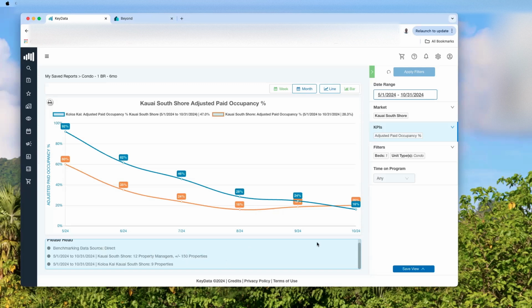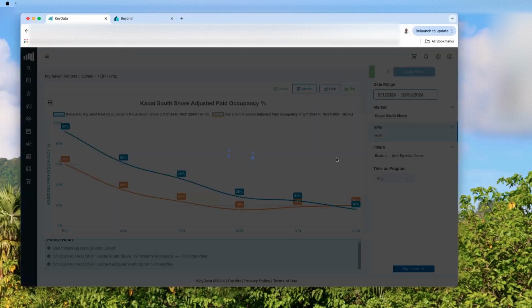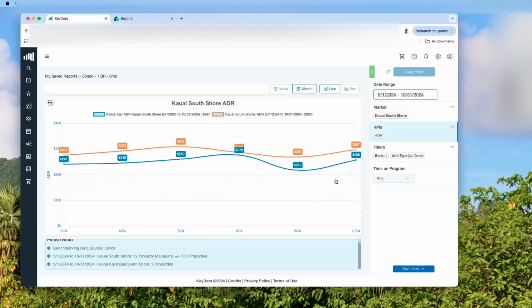So we're using very solid data from a large number of property managers and a large number of properties in our data set. One question you might ask is, why would we want to be below the average daily rate? Again, this is our property set versus the market. What we're trying to take into account is that our property set might not be all one bedroom, oceanfront, top of the building properties that set the highest rates, but a collection of a lot of different properties.